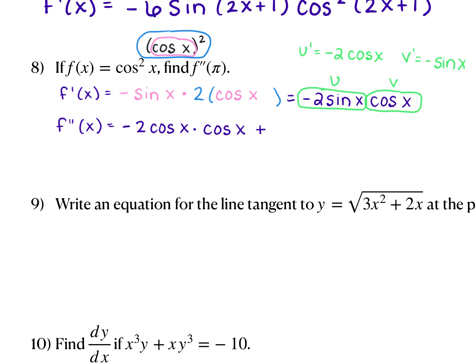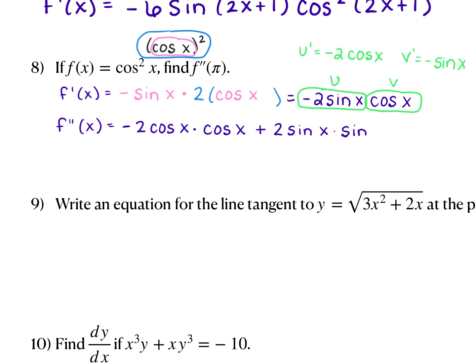I'm going to simplify this as I write it, so try to stay with me here. Negative sine x times negative 2 sine x. My two negatives are really going to cancel each other out here, so I'm going to stick with this positive right here, but then I have a 2. So I'm going to say 2 sine x times sine x.